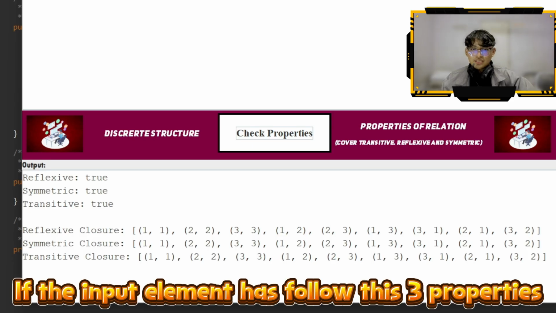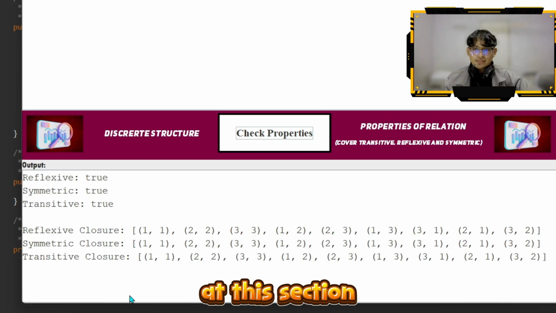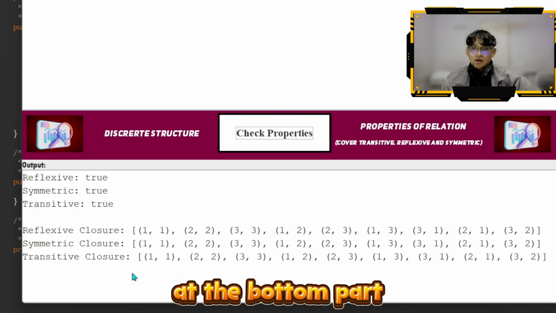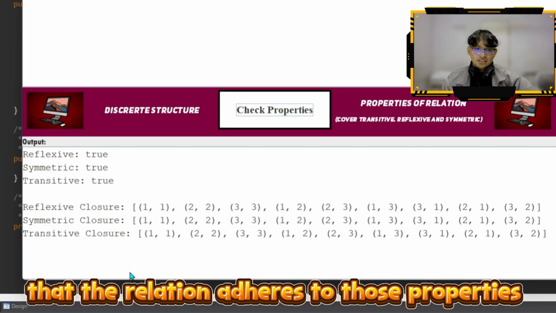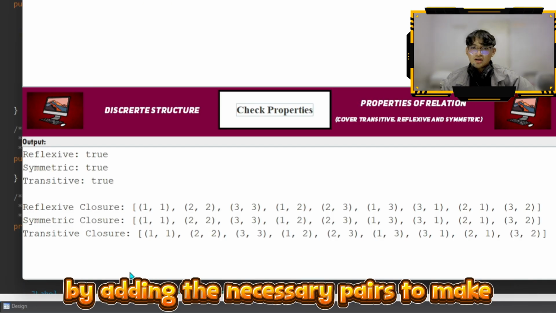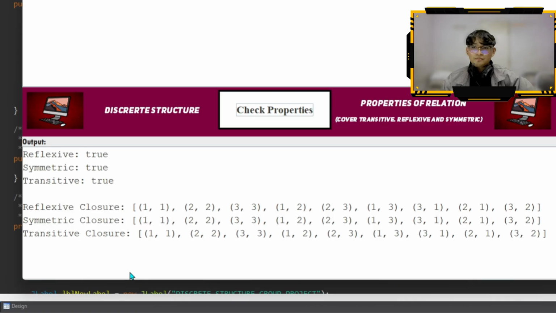If the input has these three properties, the true sign will be shown at this section. At the bottom part, the properties closure will ensure that the relation adheres to those properties by adding the necessary pairs to make the relation reflexive, symmetric or transitive.